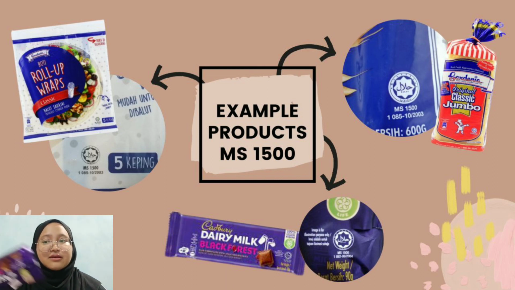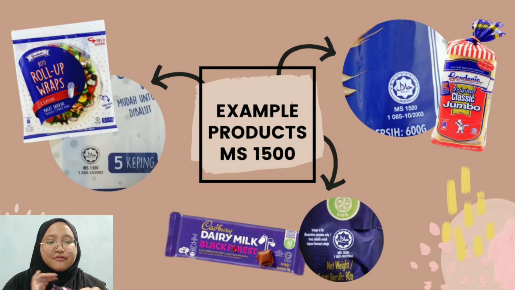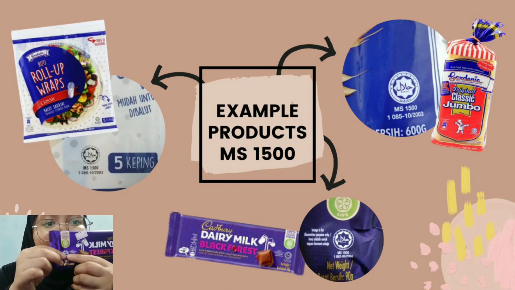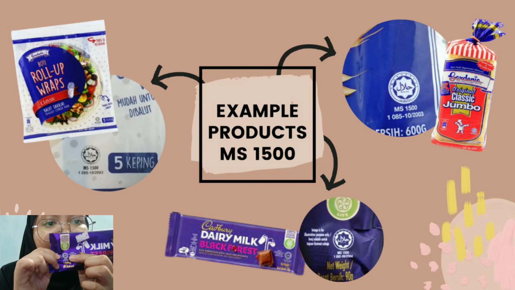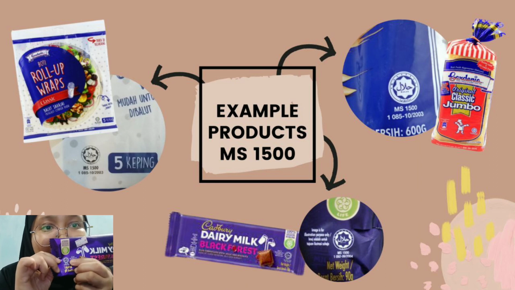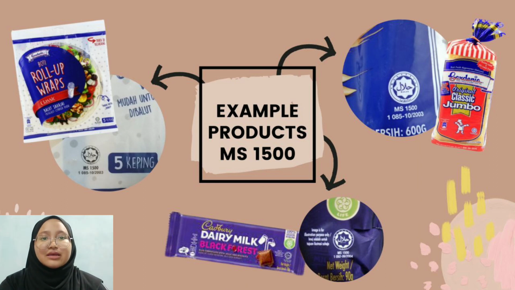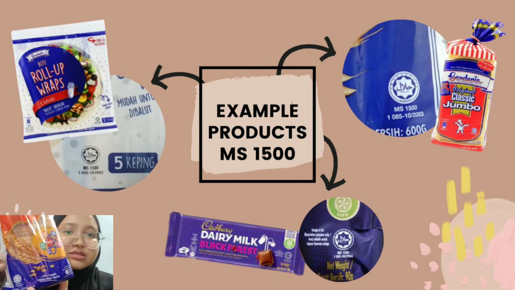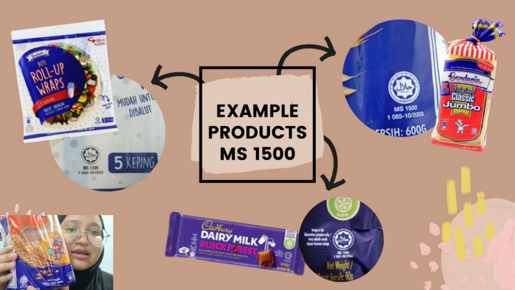And the next product that also has MS 1500 is Dairy Milk Cadbury. And the last one is Roti Gardenia that also has the MS 1500 standard on their packaging.